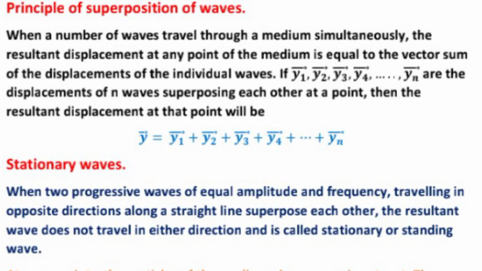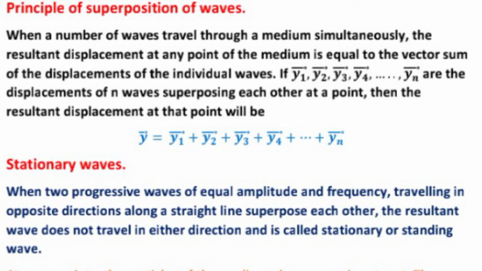Now I will talk about the principle of superposition of waves. When a number of waves travel through a medium simultaneously, the resultant displacement at any point of the medium is equal to the vector sum of the displacements of the individual waves.